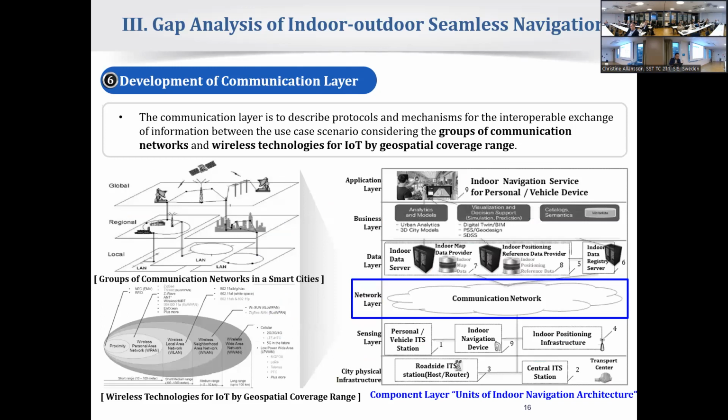And the communication layer is to describe protocols and mechanisms for the interoperable exchange of information between the use case scenario, considering the groups of communication networks and wireless technologies for IoT by geospatial coverage range.